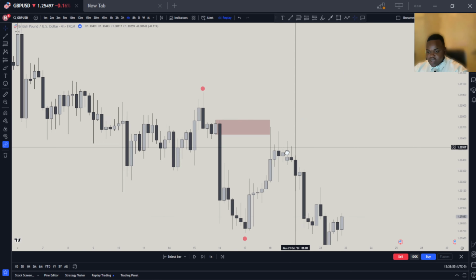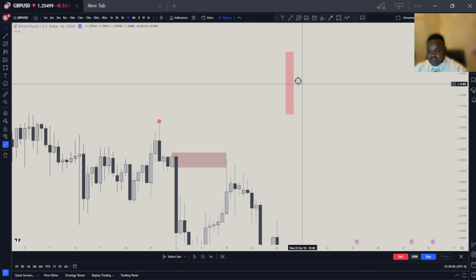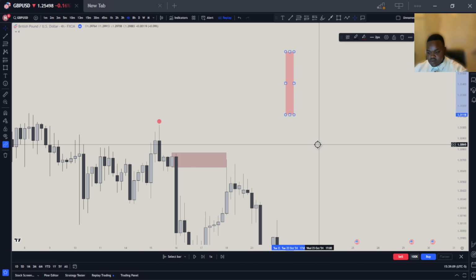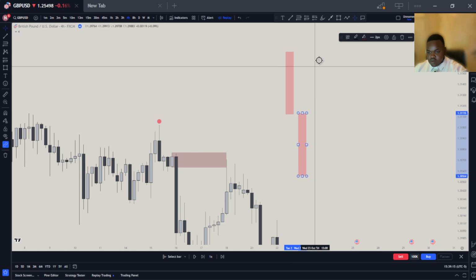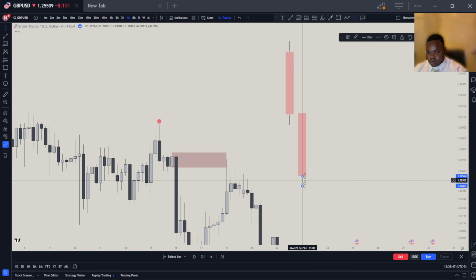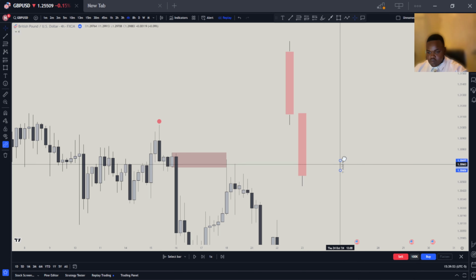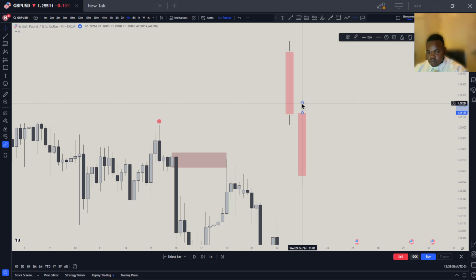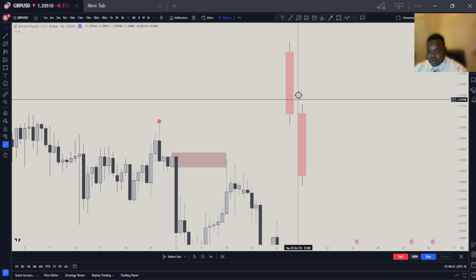So for example, a bearish imbalance would look something like this.